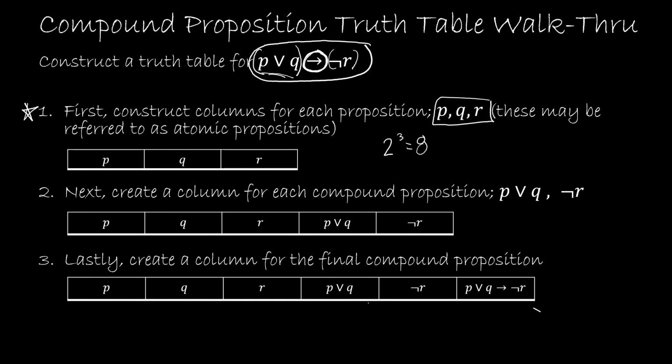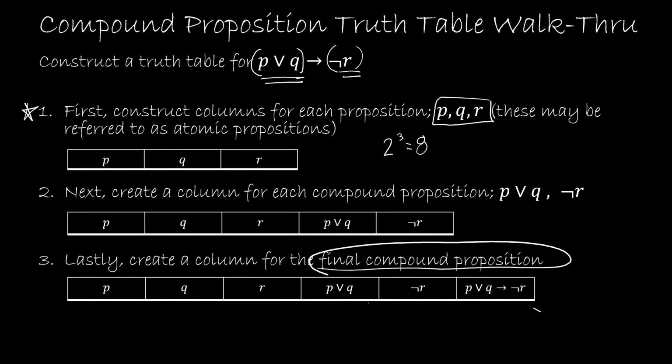Then we're going to create a column for each compound proposition. What I mean is I'm looking at this part of my compound proposition, and this part of my compound proposition, and then I'm going to create a column for the final result, which is the whole kit and caboodle.